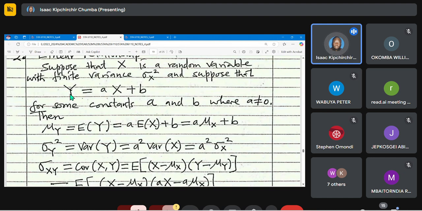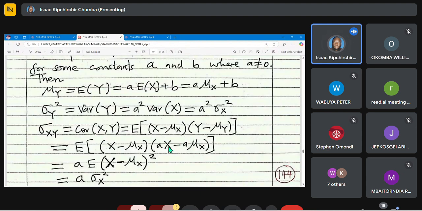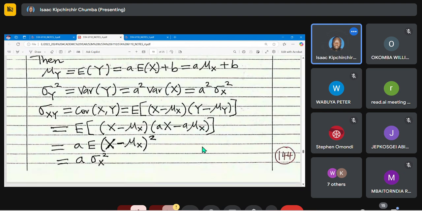So when you get Y minus mu Y, the b and b will cancel. You remain with aX minus a mu X. You can see you can factor out a.